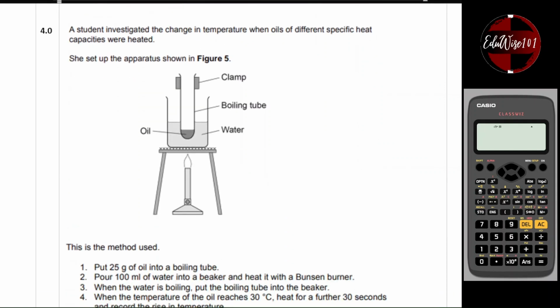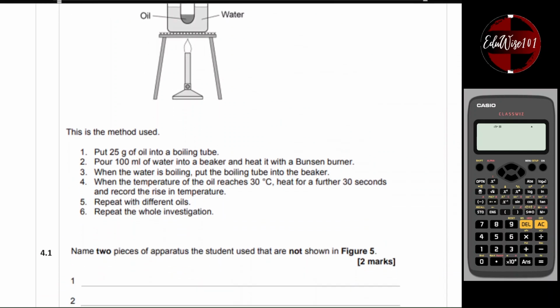A student investigated the change in temperature when oils of different specific heat capacities were heated. She set up the apparatus as shown in figure 5. So you have a Bunsen burner, tripod, a beaker with water used as a water bath, with oil in a boiling tube. This is the method used.